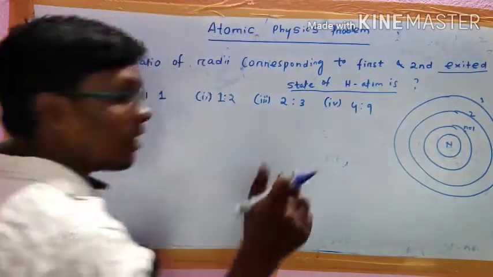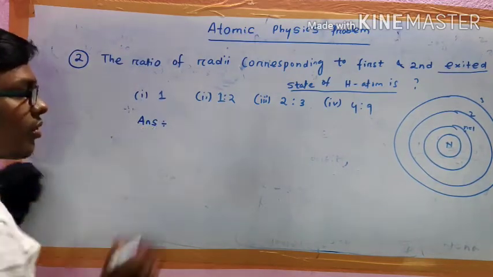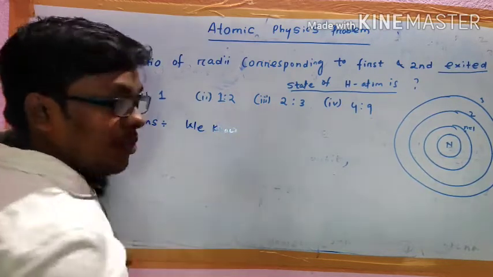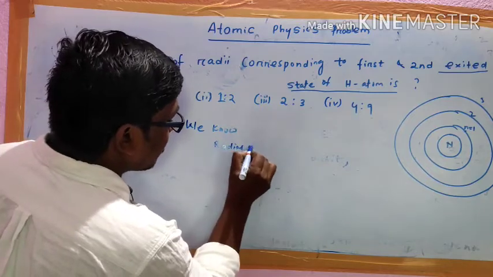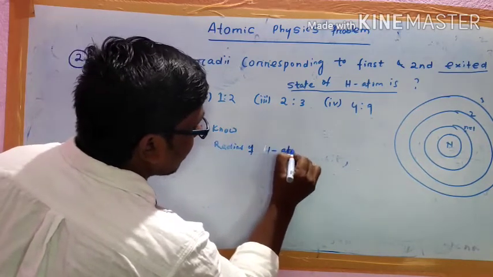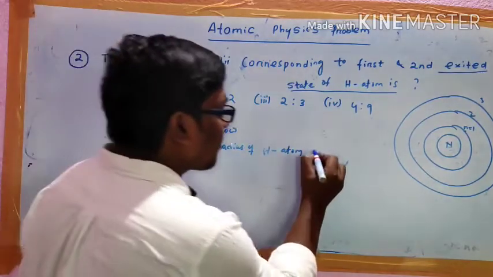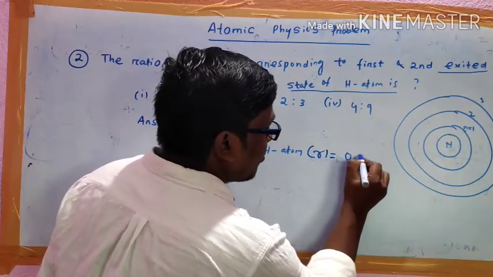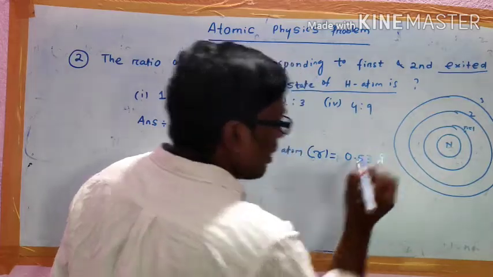So here is the answer. What do we know? Radius of hydrogen atom, r is equal to 0.53 Armstrong into n square.